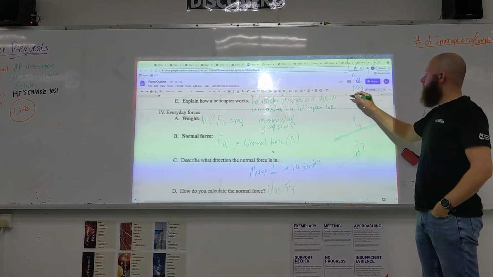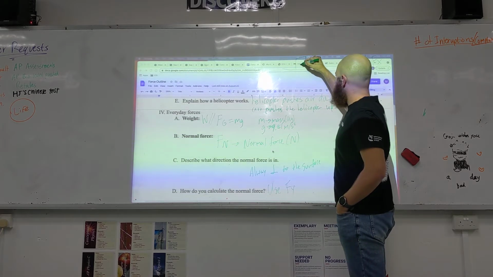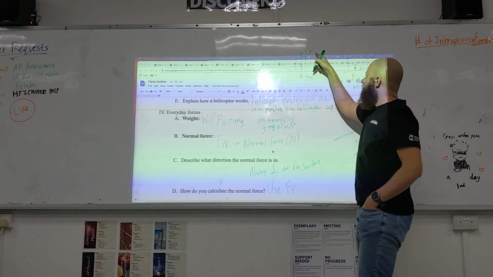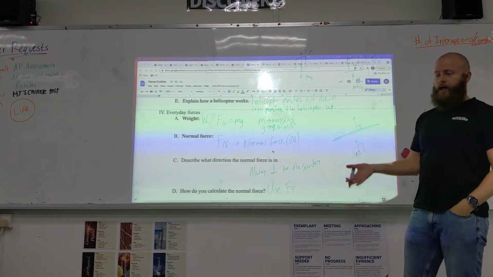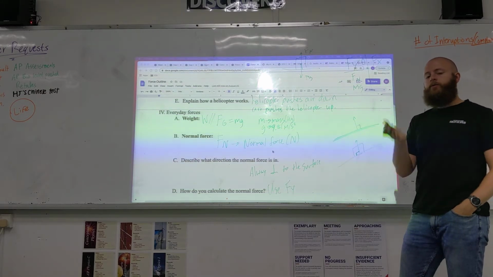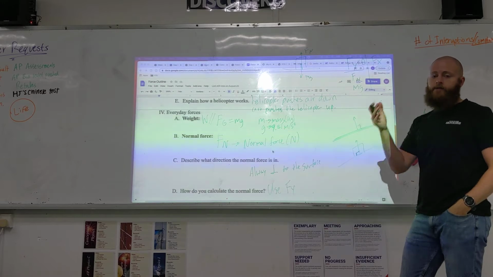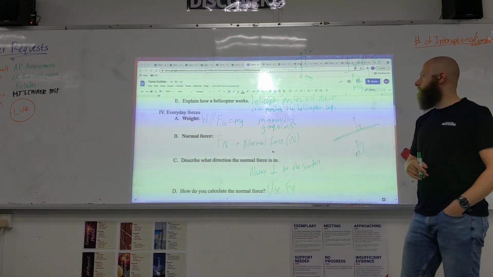So if I just have mg and Fn, so for example, something just basic like this, I have mg, I have Fn. Since it's not moving up or down, I know that the Fnet in the y direction is 0, right? If it's not moving up or down, that means the acceleration is 0. If the acceleration is 0, then I know the Fnet is 0. Okay?